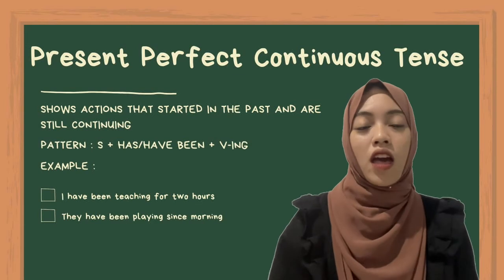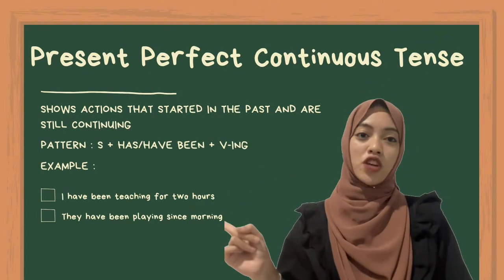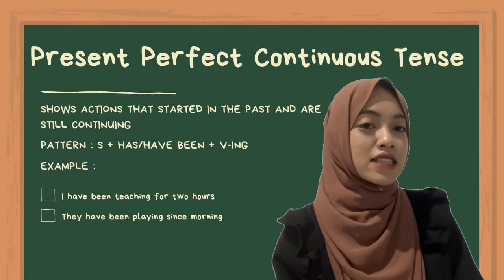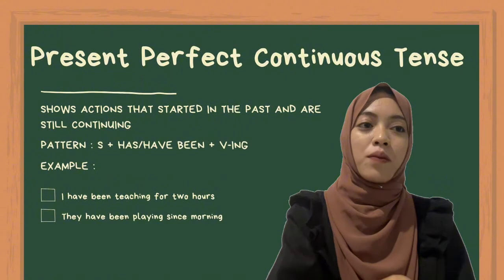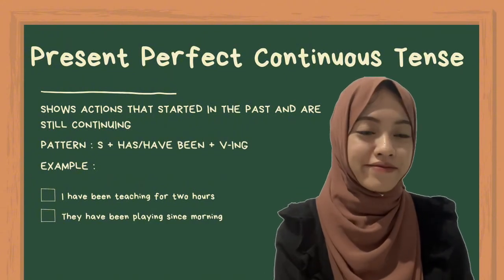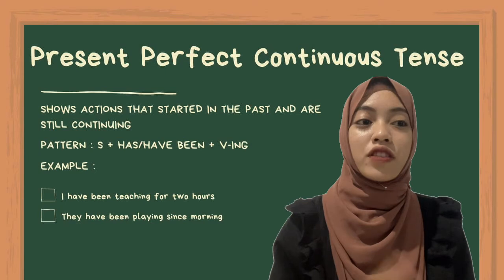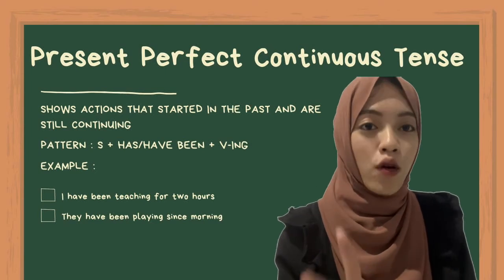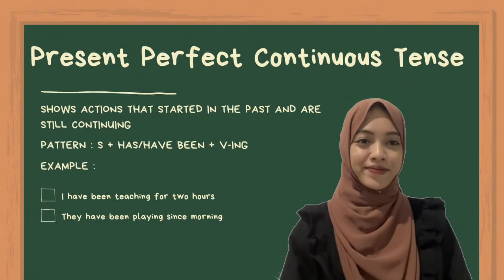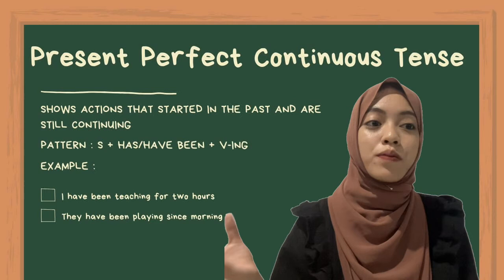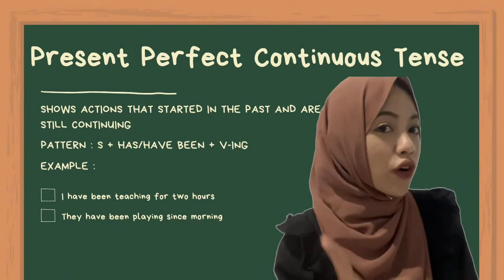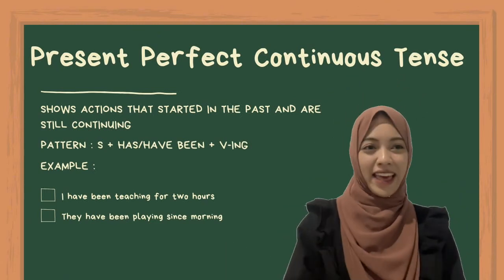Okay? And the pattern is subject plus has or have been plus verb in. For example, I have been teaching for 2 hours. And then they have been playing since morning. Okay?